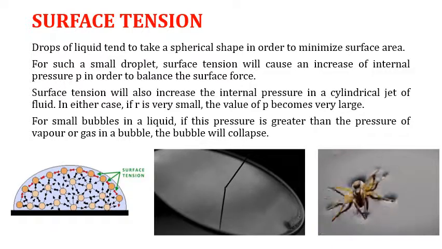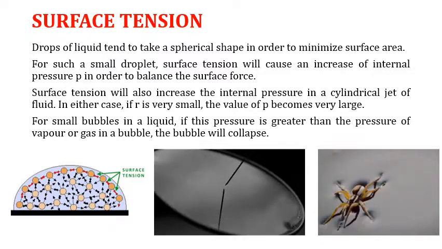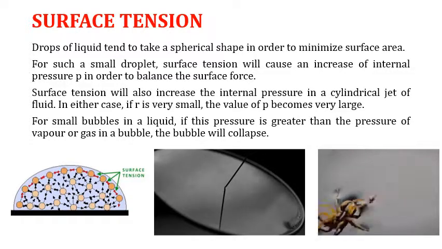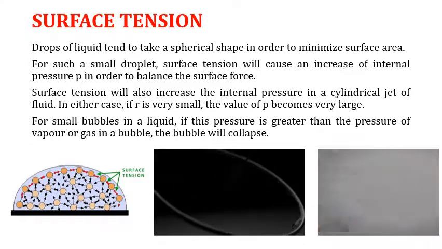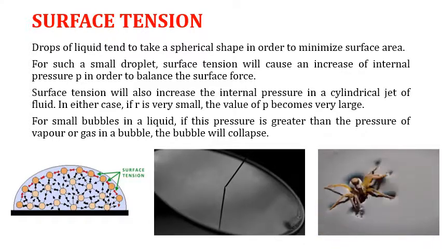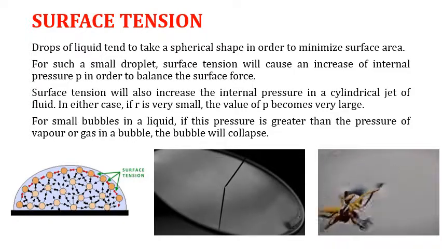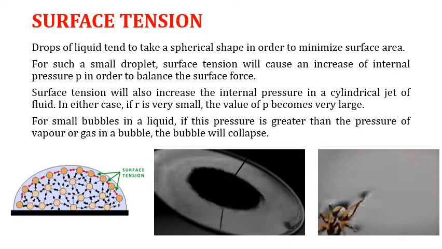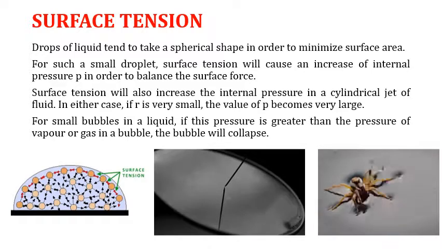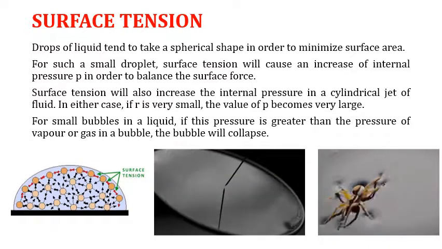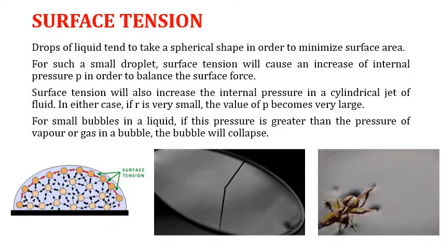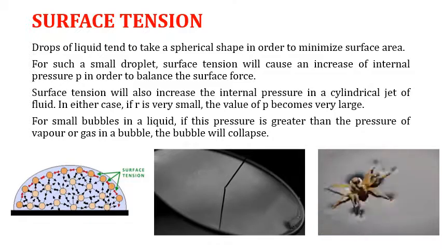So this surface tension will be balanced by the increase of internal pressure P inside the droplet. There is an internal pressure P and there is a surface tension acting on its circumference. So this surface tension is balanced by the internal pressure of the droplet.